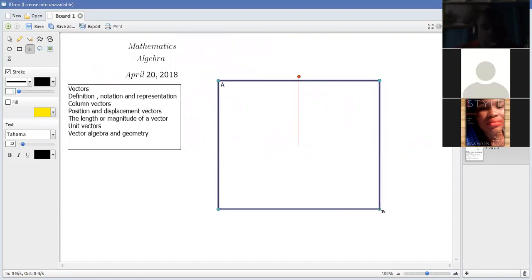Alright, let's go. A scalar quantity has a magnitude only. A distance of 10 kilometers is a scalar quantity.